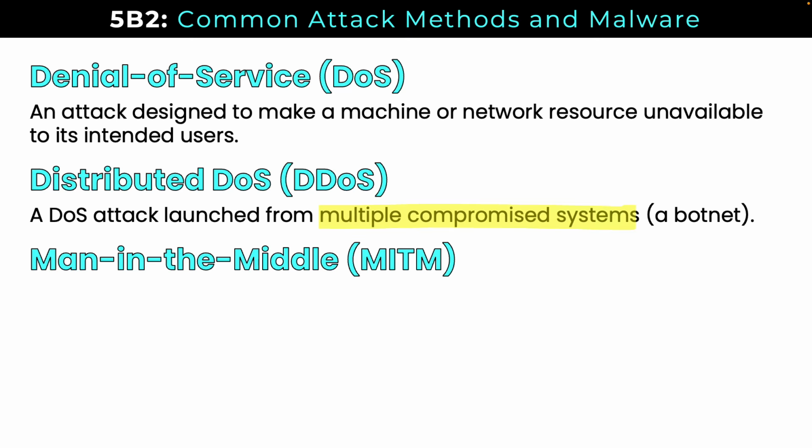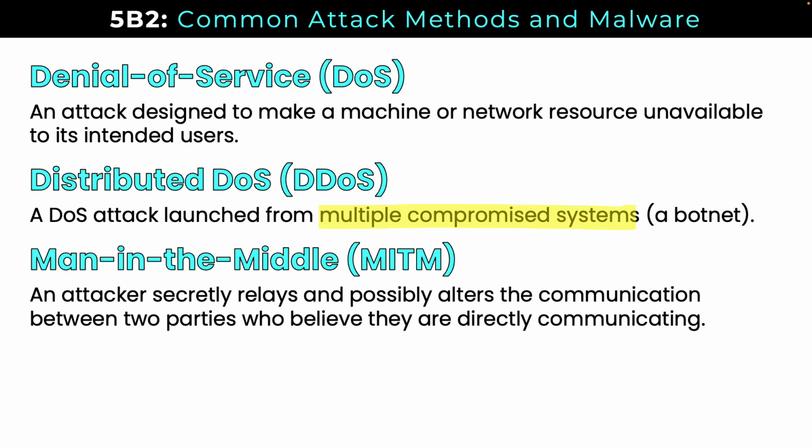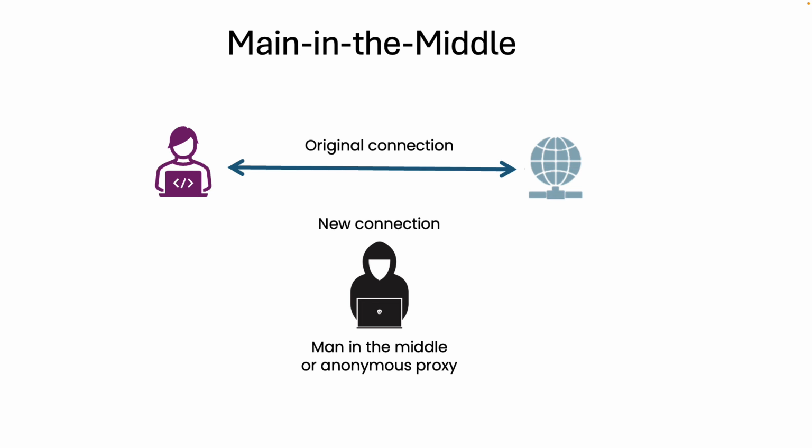A man-in-the-middle attack is where an attacker secretly relays and possibly alters the communication between two parties who believe they are directly communicating. So essentially, if a user is communicating with a website, perhaps to make a transaction, to make a purchase, in that man-in-the-middle attack, that bad actor is intercepting that communication and redirecting, potentially altering and capturing information in the process.